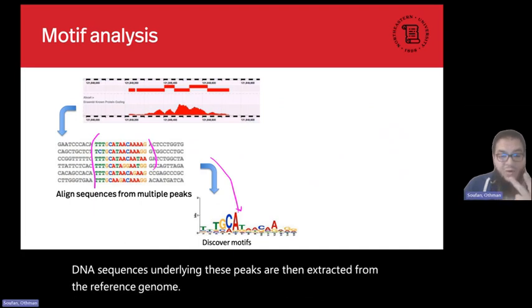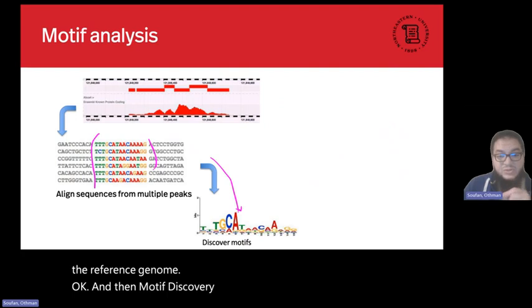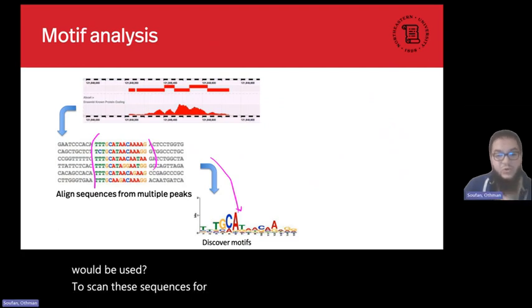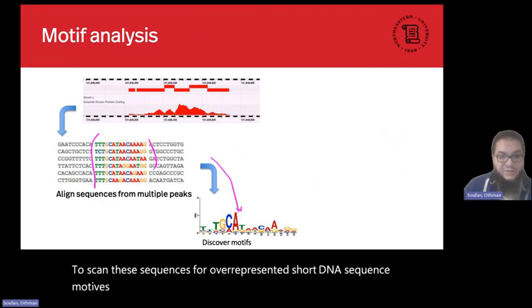And then motif discovery, where specialized software is used to scan these sequences for overrepresented short DNA sequence motifs. This is a kind of overrepresentation here.